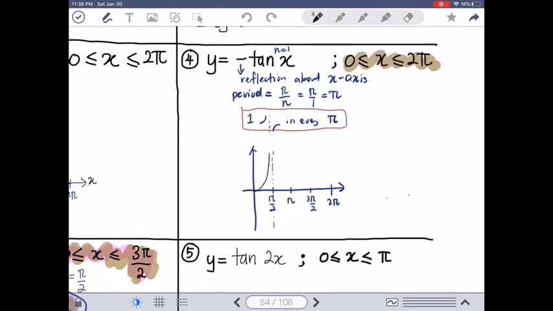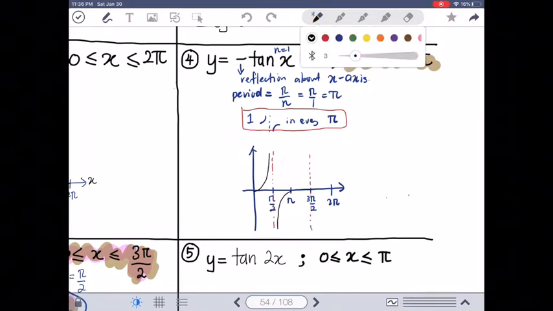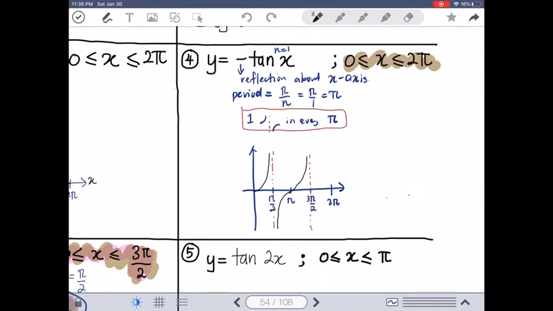and for the next pi, again the asymptote. So this is for y equals tan x. The next one we add the negative.